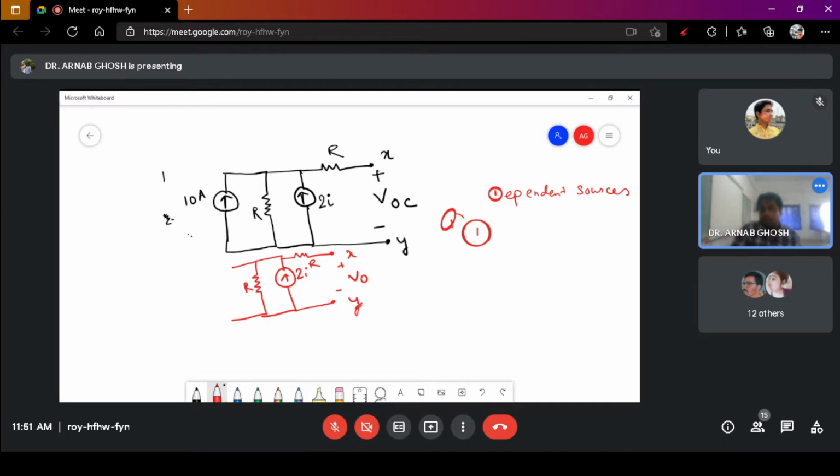For dependent sources, when the circuit consists of only dependent sources, consider a current of 1 ampere flowing through it.